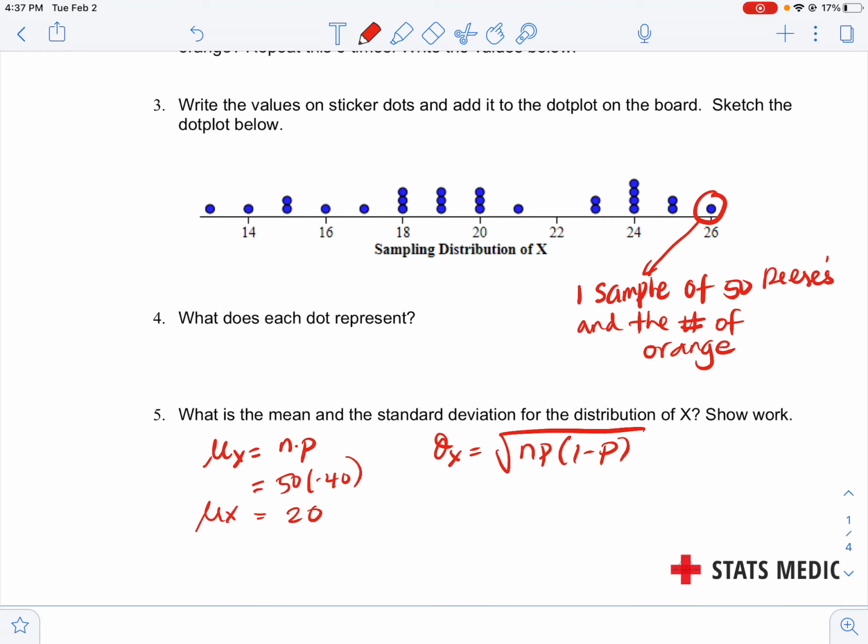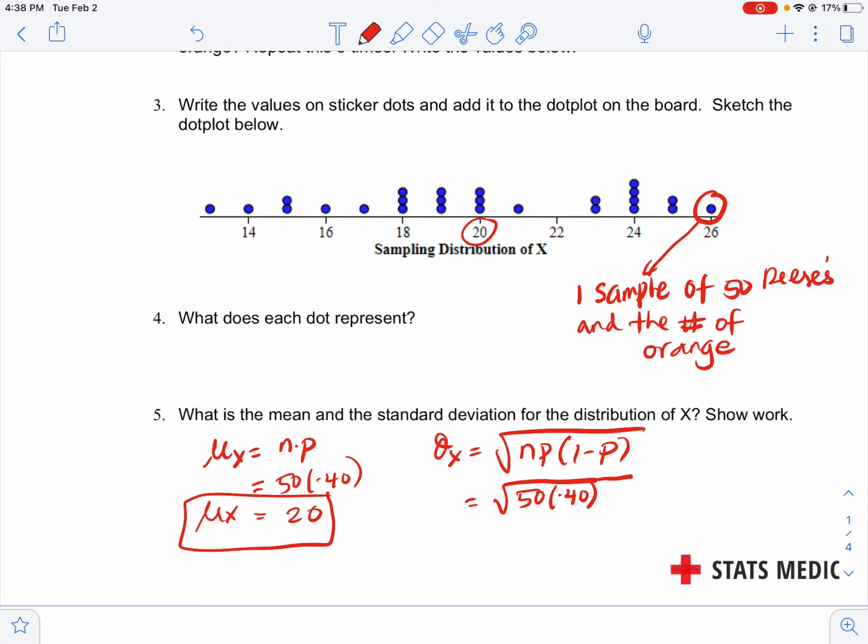So the mean of X is 20. Is that true? Is the middle number in there 20? It looks like it.